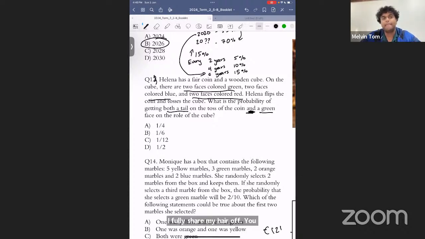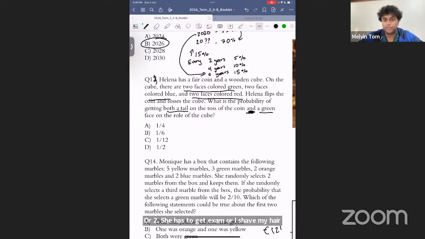Option two, if you pass the GATE exam or I shave all of my hair, you will get an iPhone. I would like everyone to send in the chat which option is better. Option one, where Anya has to pass the GATE exam and I have to shave my hair, or two, she has to pass the GATE exam or I shave my hair.